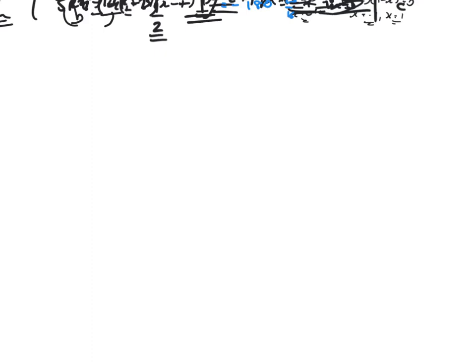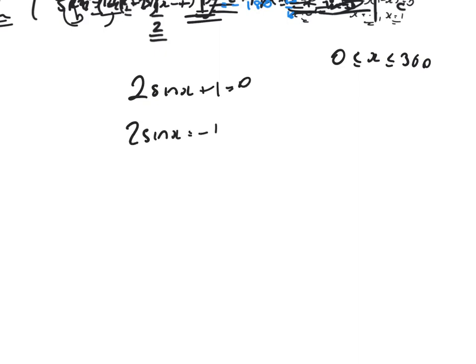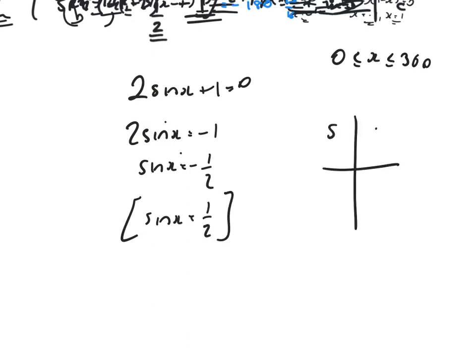Okay, question 9. We're going to solve between 0 and 360. 2 sine x plus 1 is equal to 0. So that's 2 sine x is equal to -1 and sine x is equal to -1 over 2. Let's change that to a positive result, but look, not in all in sine, but cos and tan.